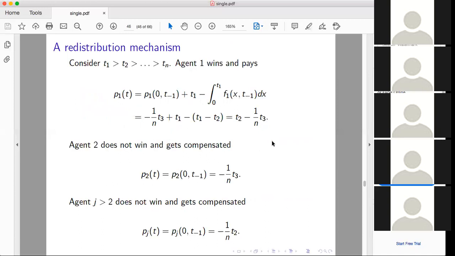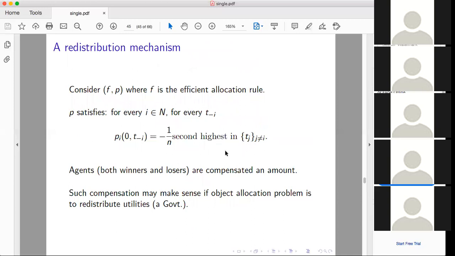The reason we are able to redistribute most of it is because of these payment terms, with which we are trying to extract as much redistribution as possible, right?